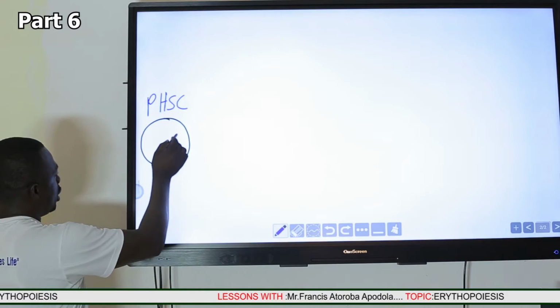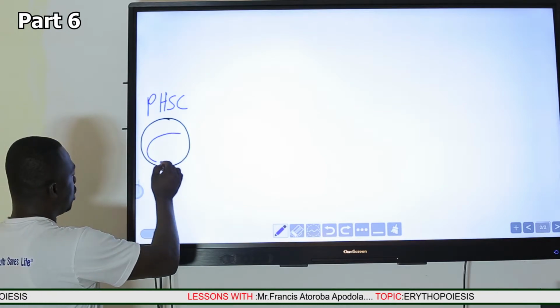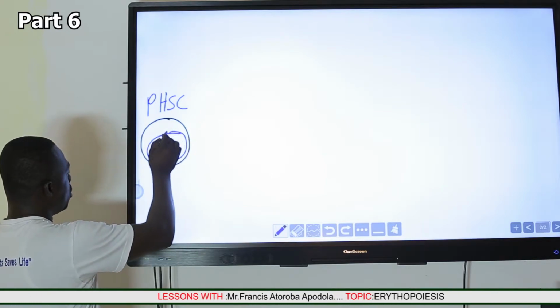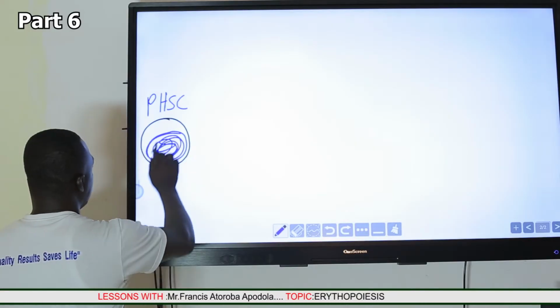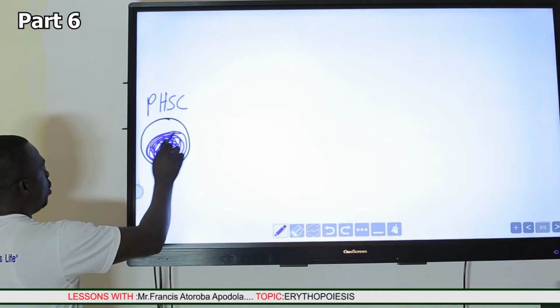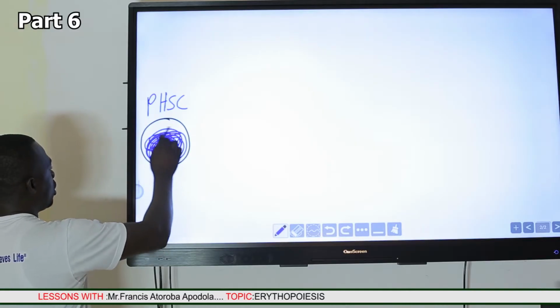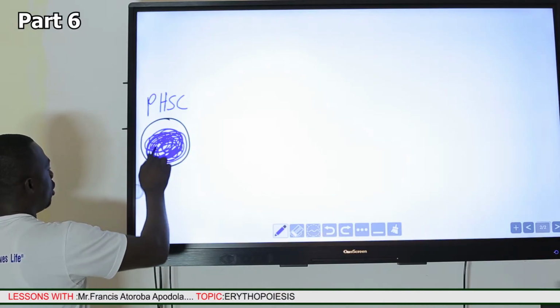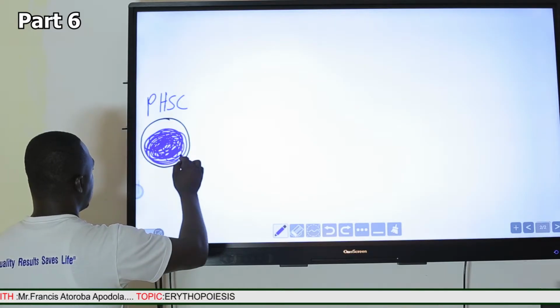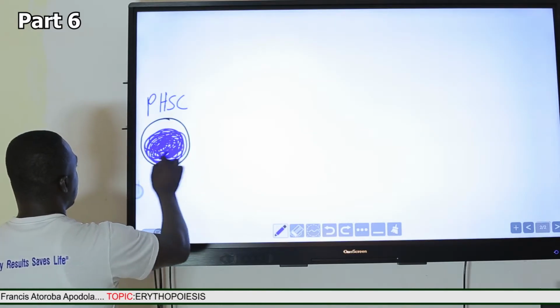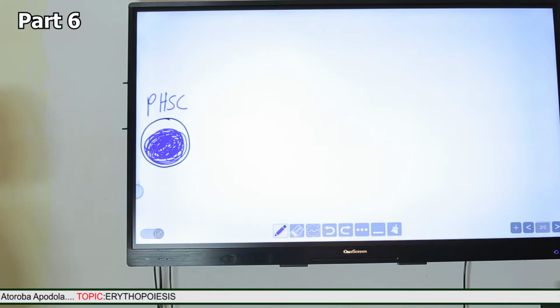Now, this particular stem cell actually has a very large nucleus. So this is my pluripotent hematopoietic stem cell, with a very large nucleus. This is just to represent the nucleus.